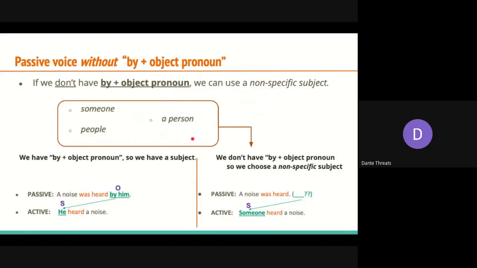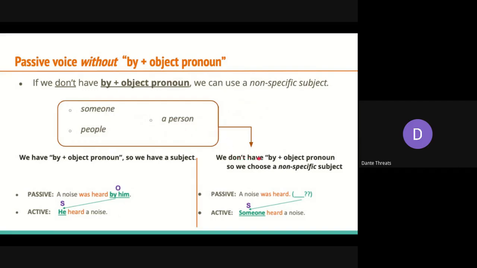Passive voice without the by plus object pronoun. If we don't have by plus object pronoun, we can use a non-specific subject. That being someone or people or a person.